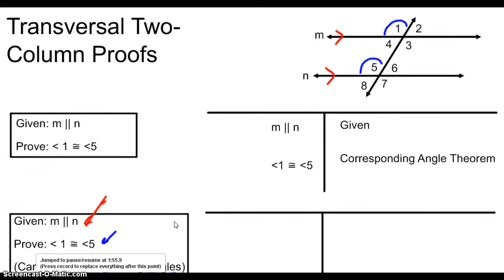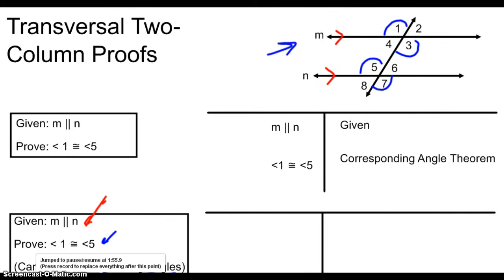Well, we can do something a little different here. We're going to use more than just one relationship between angles. To do this, we're going to use 2 or maybe 3. So start by looking at this diagram up here and circling all the angles that are congruent to 1 and 5. Did you do it? 3 and 7 are also congruent to 1 and 5. They all have the same angle measure.